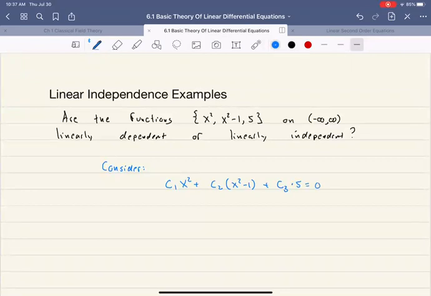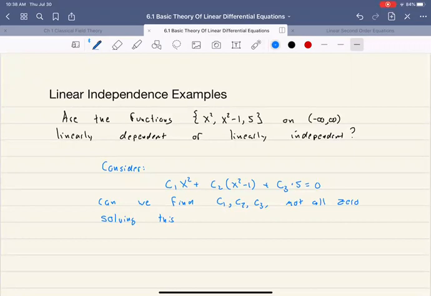And we want to see, can we find c1, c2, and c3, not all 0, solving this? Because clearly if we put c1 equals c2 equals c3 equals 0, we can solve this.